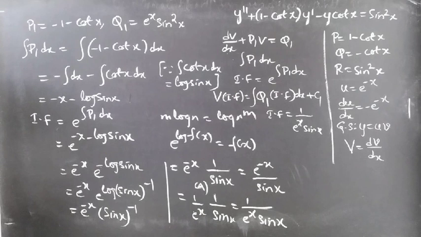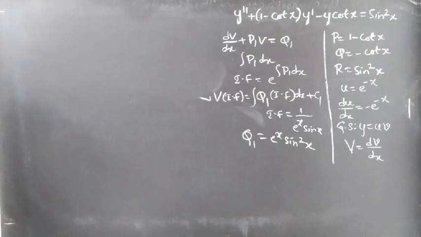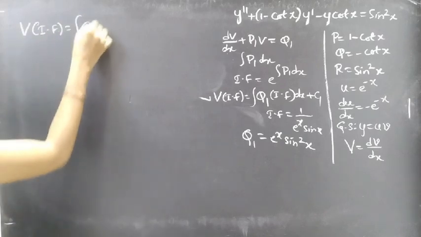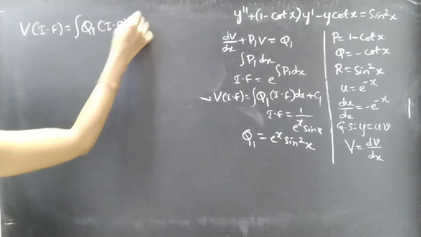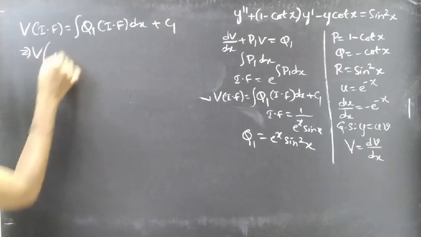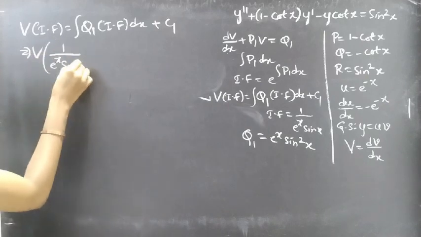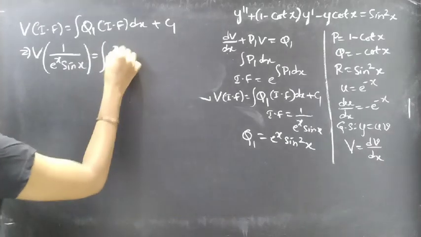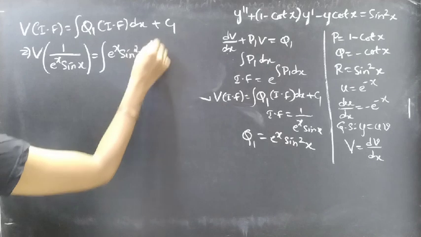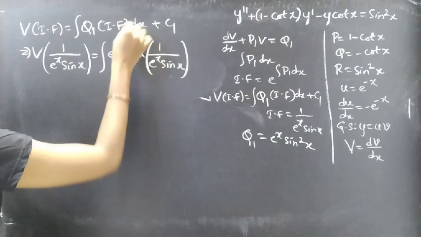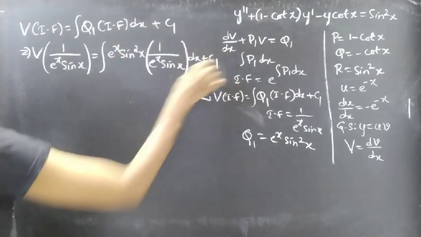Let's now use this formula to find capital V. V into integrating factor 1 by e power x sin x equals integral q1, which is e power x sin square x, into integrating factor 1 by e power x sin x into dx plus c1.